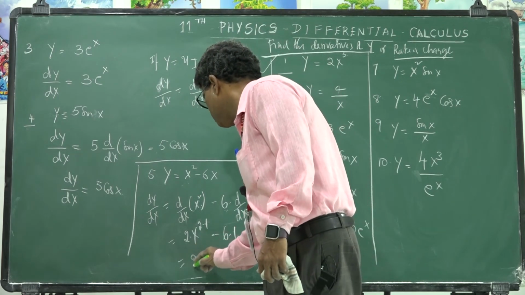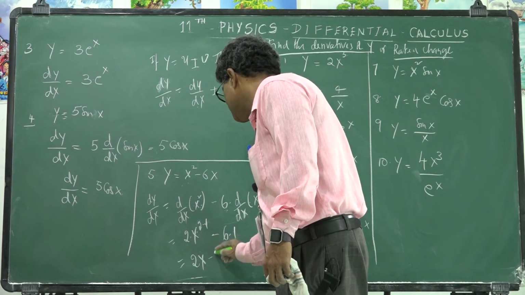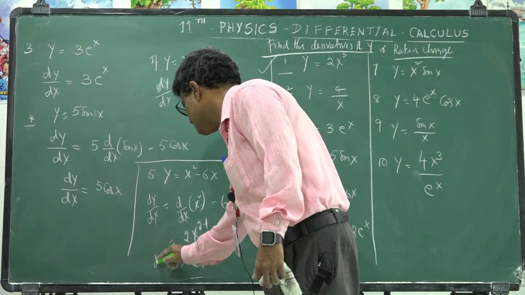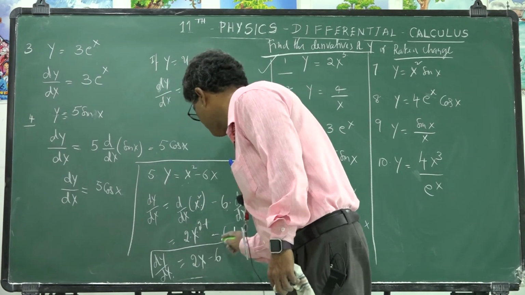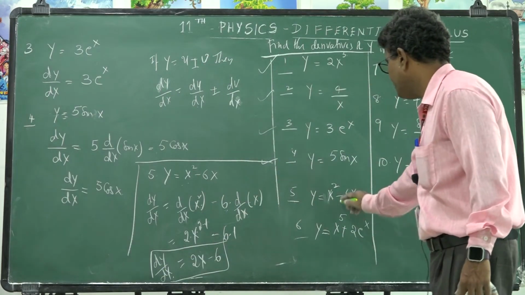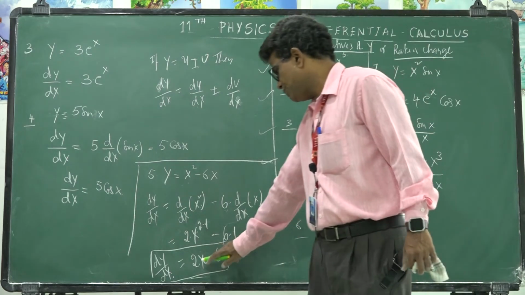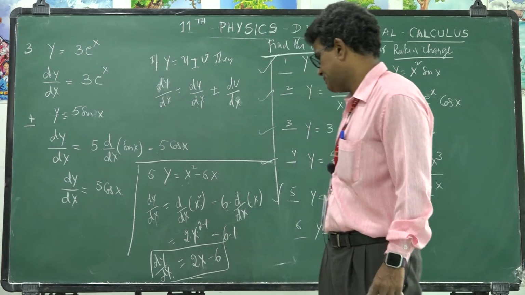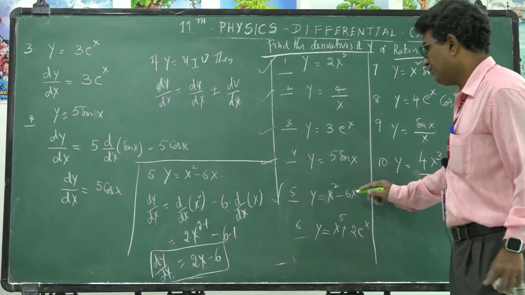That is 2 into x to the power 1, minus 6. So this is the derivative of this function, the given function, fifth one. So the answer is 2x minus 6. This is for the fifth one.